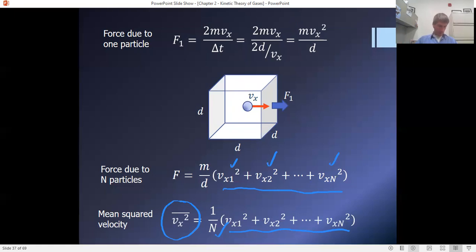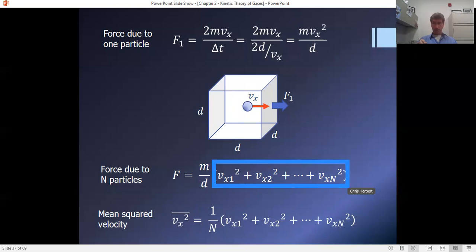So I'm going to replace this part of the equation, which identifies each individual particle all the way up to the nth molecule, with this concept of vx squared average. So now that's going to be inserted where we had that.